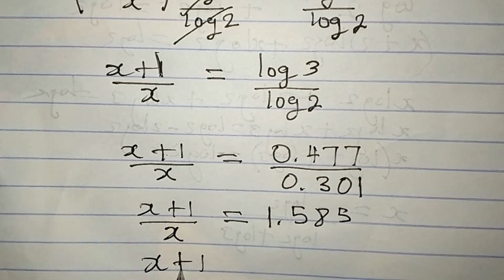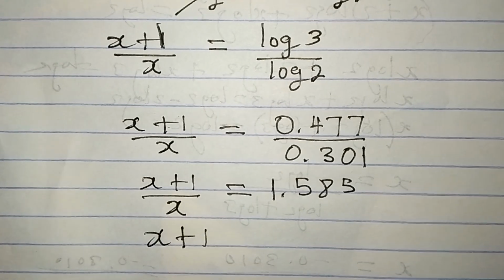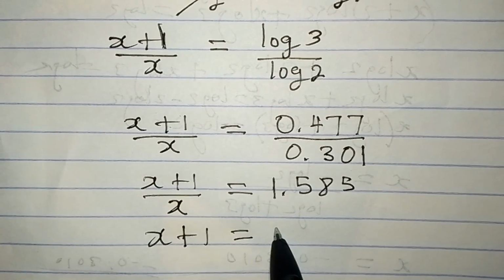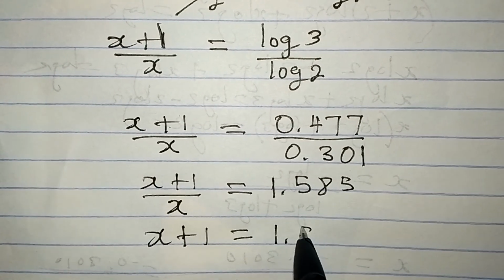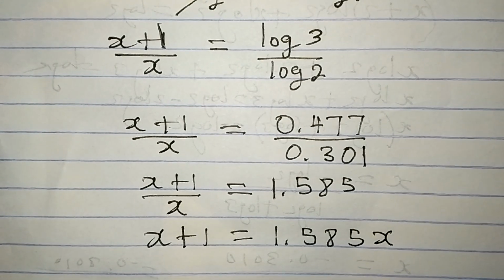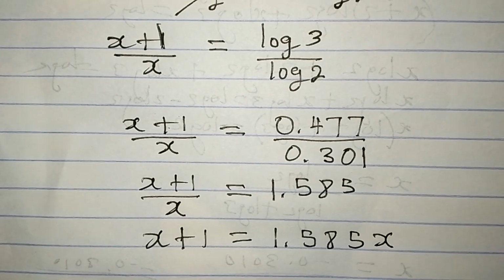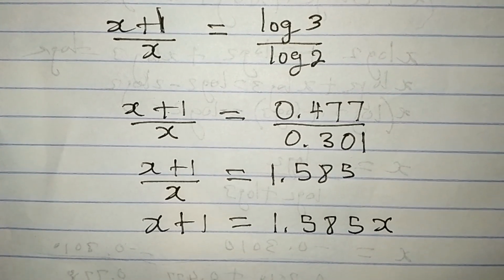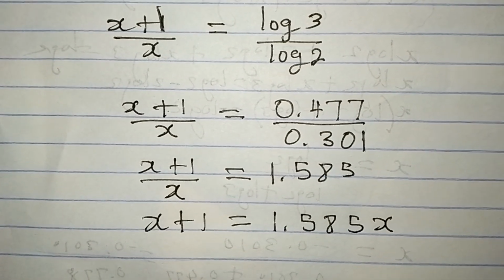So x plus 1 will be equal to 1.585x, because x is going to multiply that. Now this is the point where we collect like terms.